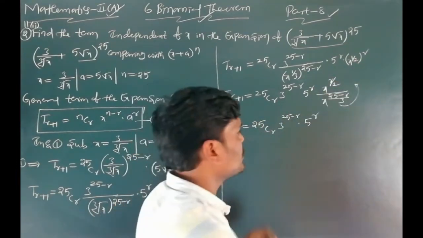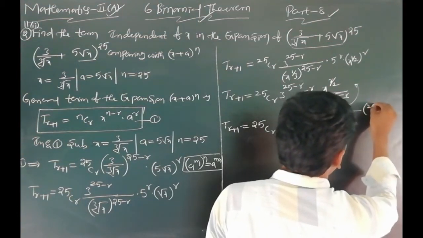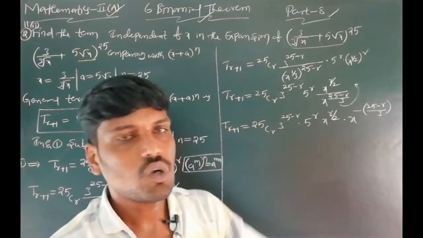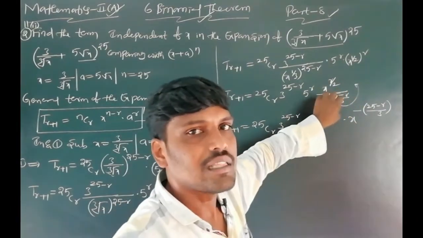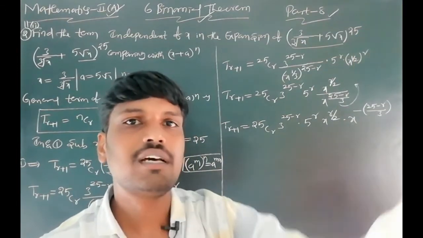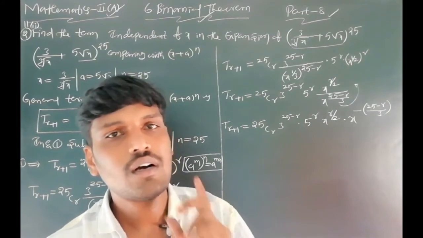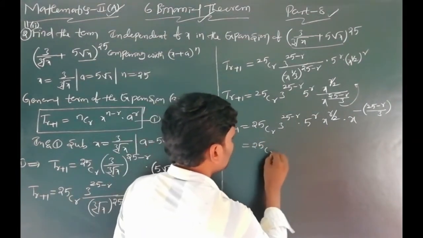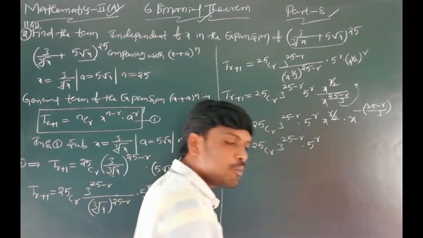You get x power r by 2 into x power minus of 25 minus r by 3.